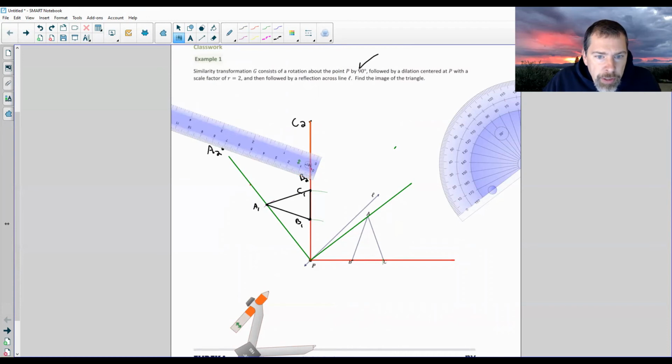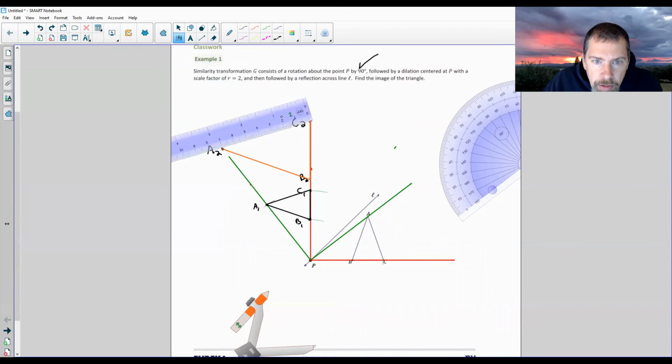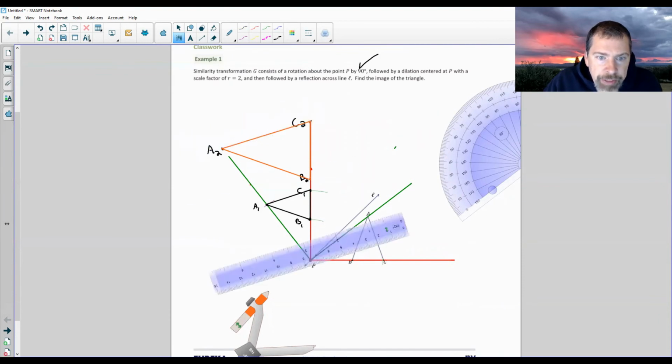There we go. And there's my B sub 2, A sub 2 segment. And finally, rotating, and my last side. So I'm just trying to be accurate here. And there we have it.